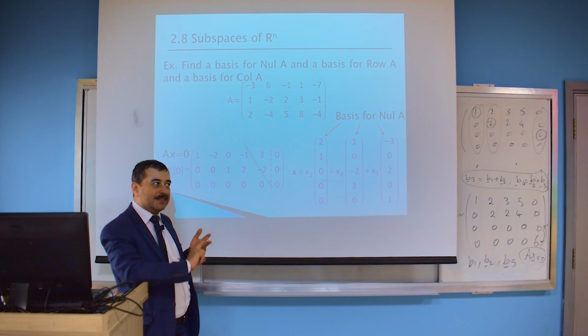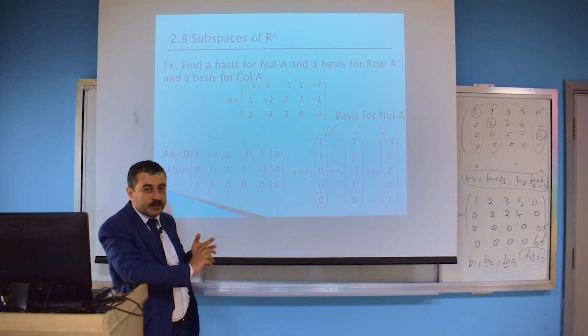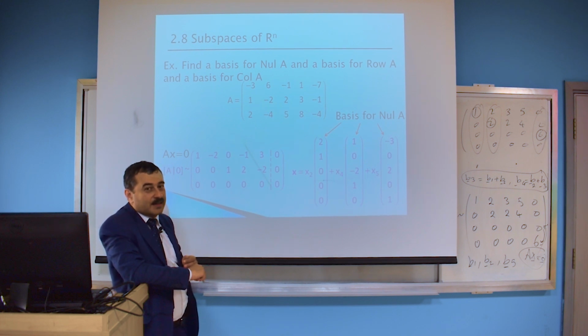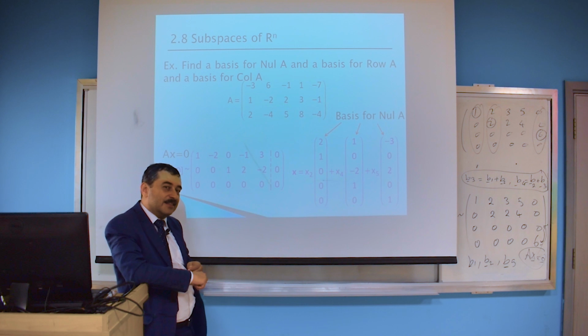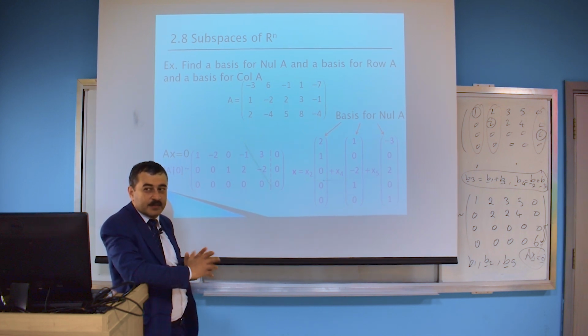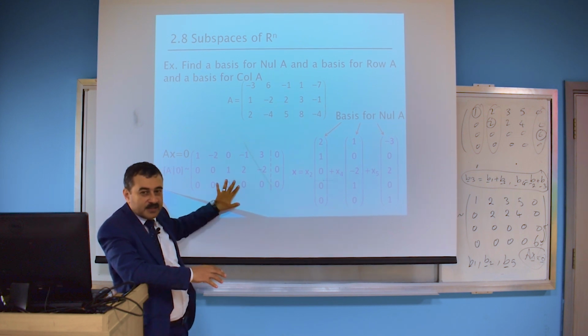Again, I need vectors that are linearly independent and can span all your rows. Can you get all your rows from them? You can do transpose and then do reduction again and do the same as the column space here. Is there a simpler solution without doing any reduction? From this reduction, can you read?